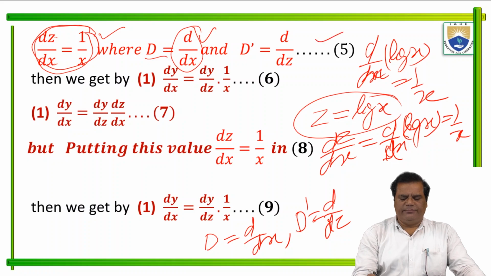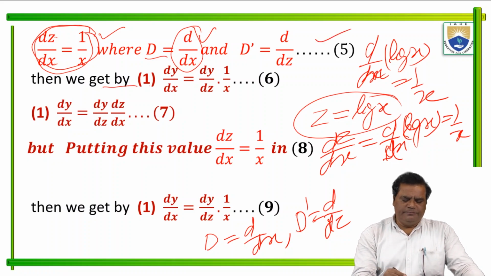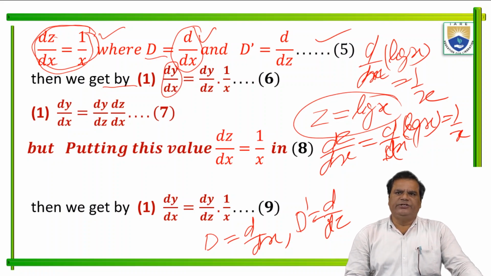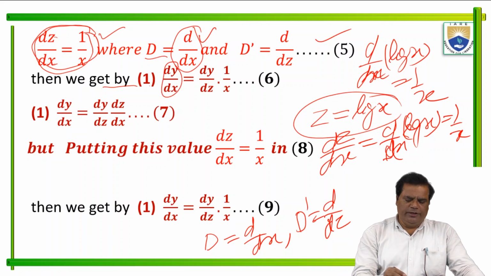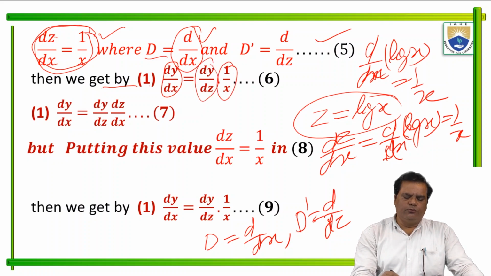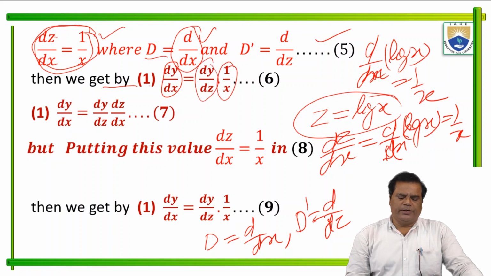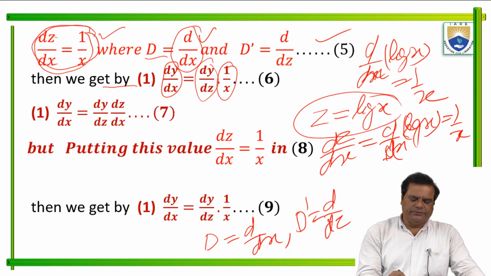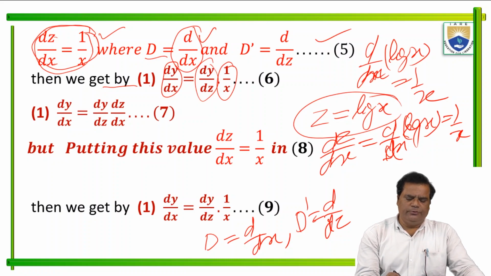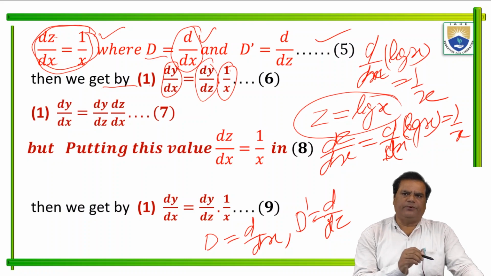This is equation 5. Now we get y1, what is y1? dy dx. So dy dx equals dy dz into 1 upon x.